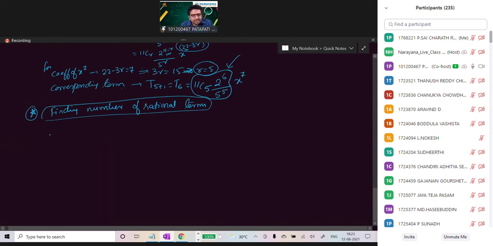For example, the question is like this. You have (3 power 1 by 5 plus 2 power 1 by 3) whole power 15. Find the number of rational terms in this expansion.